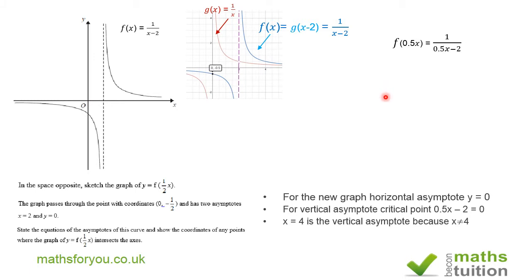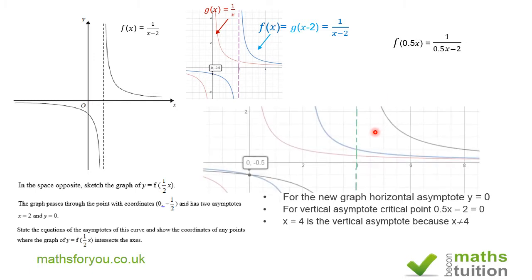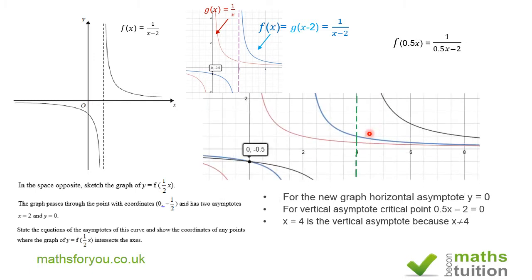So our vertical asymptote becomes x is equal to 4, and our horizontal asymptote will be y is equal to 0. So this graph here is a graph of y is equal to 1 over 0.5x minus 2. And these two curves, this one and that one, are part of the same graph for the same function.